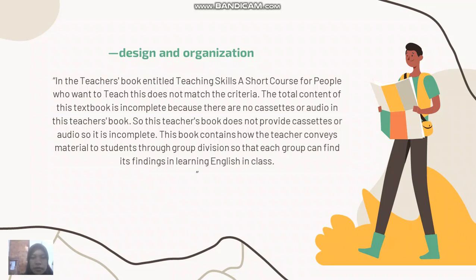But this book contains how the teacher conveys material to students through group divisions so that each group can find its findings in learning English in class.